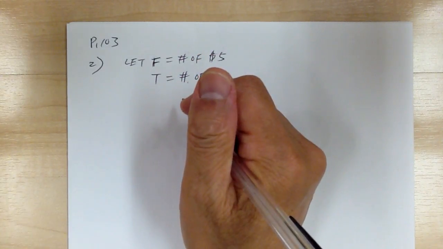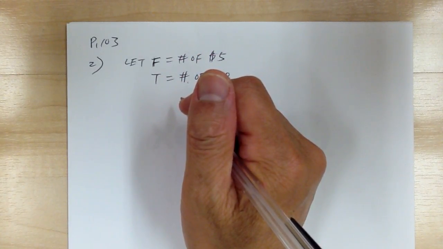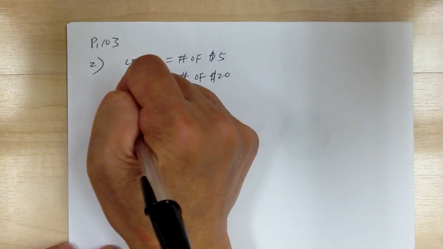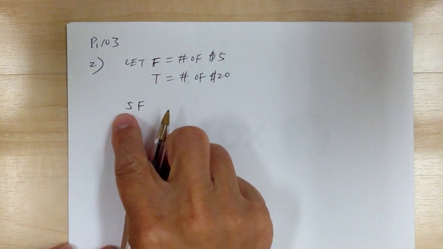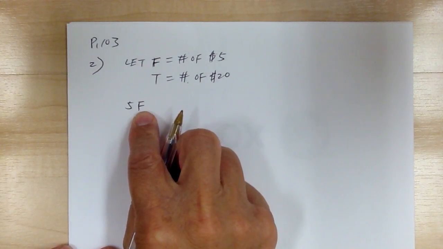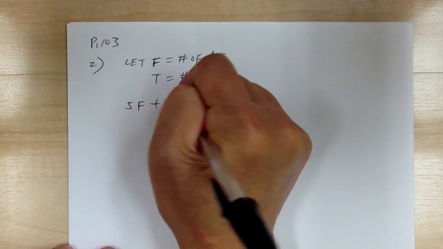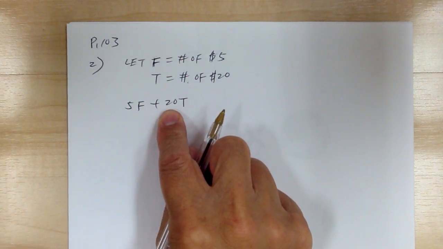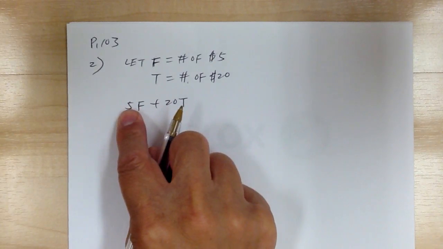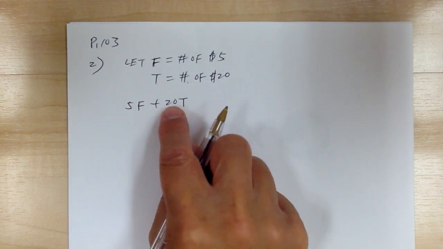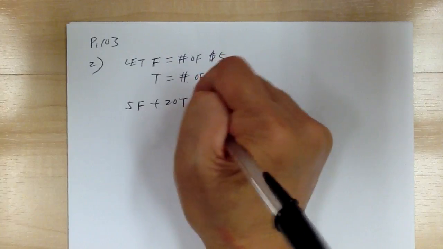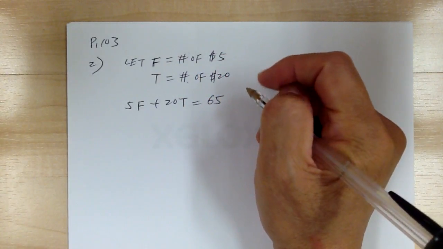Okay, so the total money is $65, so you're going to get 5F, $5 for each bill times the number, plus 20T, again $20 for each bill times how many. This will equal the total, $65.